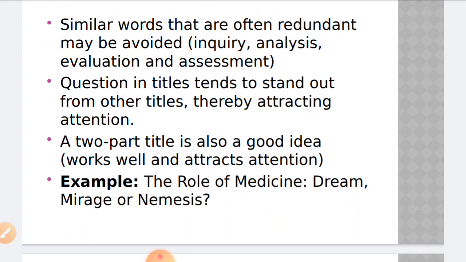Similar words that are often redundant may be avoided, such as inquiry, analysis, evaluation, and assessment. Questions in titles tend to stand out from other titles, thereby attracting attention. A two-part title is also a good idea. It works pretty well and attracts attention as well.